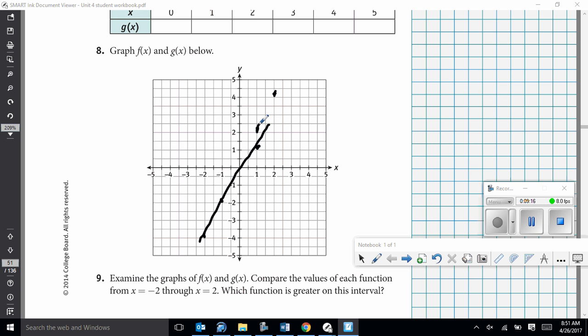So between the board being off and then me failing epically. So there, and then 2, 4. So that's our f of x. And then our g of x: 1, 2, 3, 4. And then after that it changes.